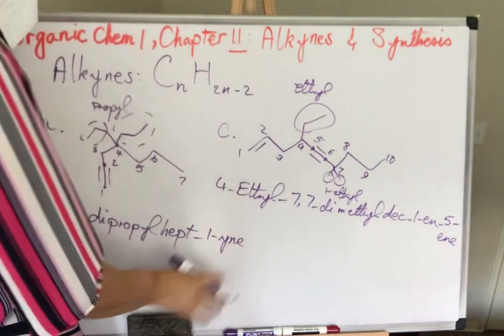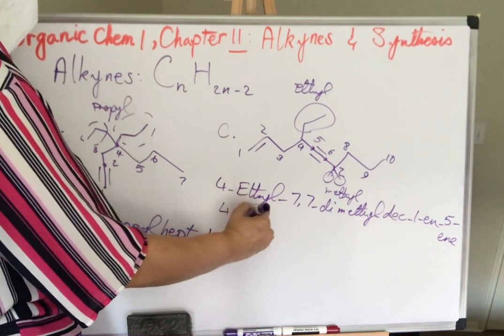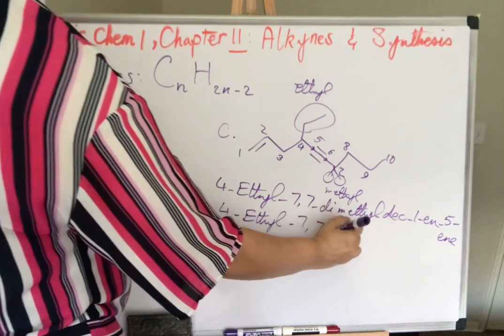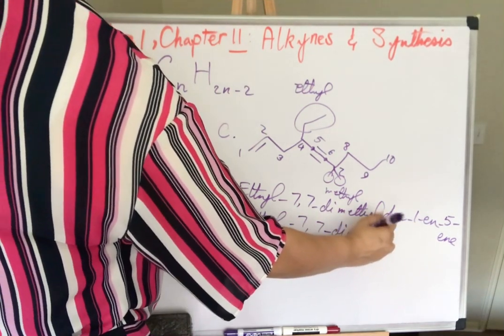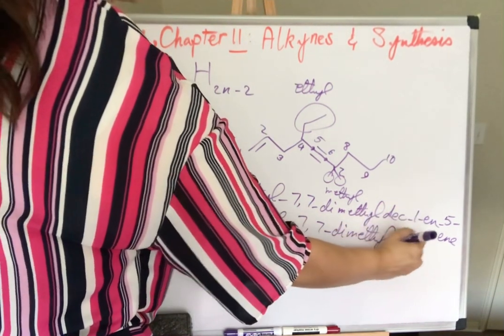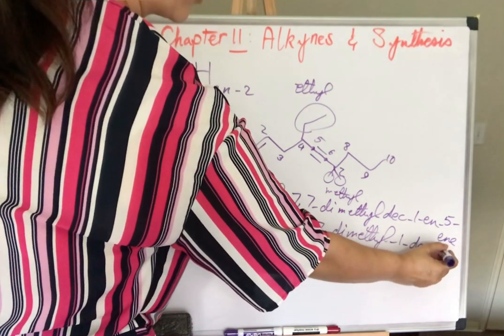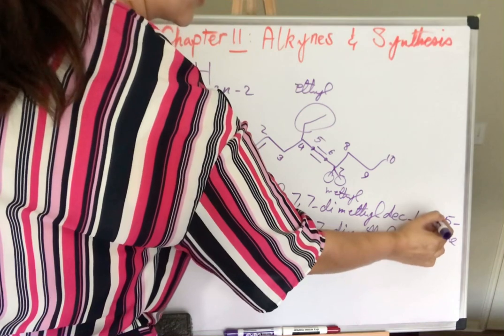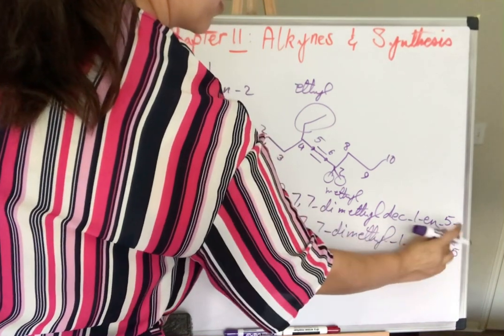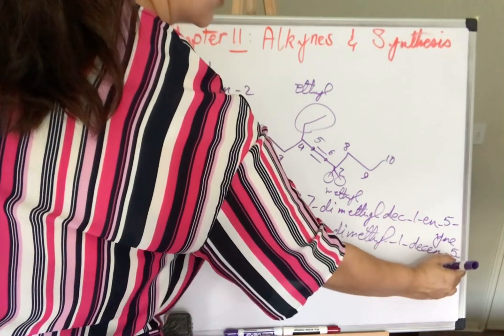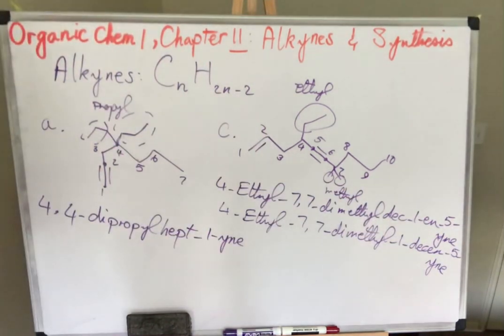Or again, you could have said 4 ethyl, 7 and 7 dimethyl, 1-decen. Don't forget, you need to eliminate the e, as you see here. 5, sorry, this should have been 1. 5 yne. So these 2, both of them are correct.